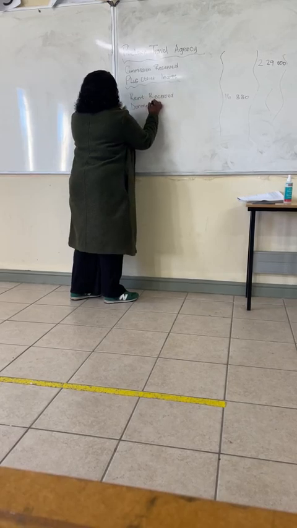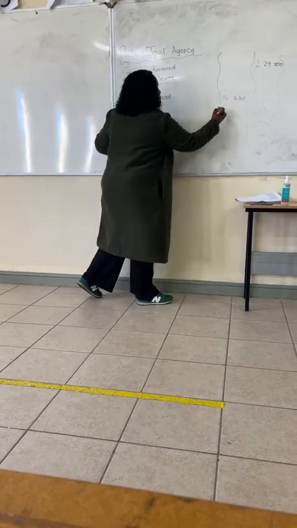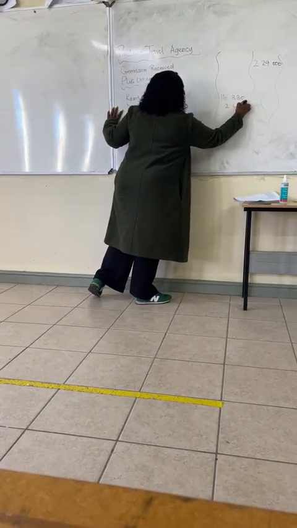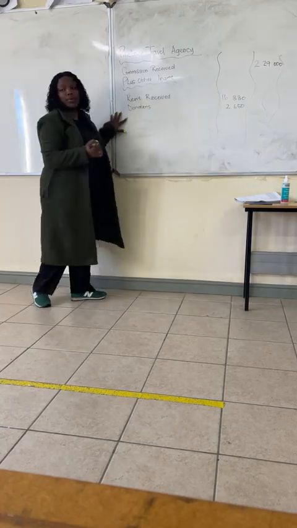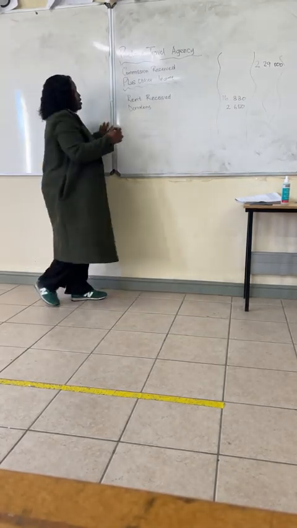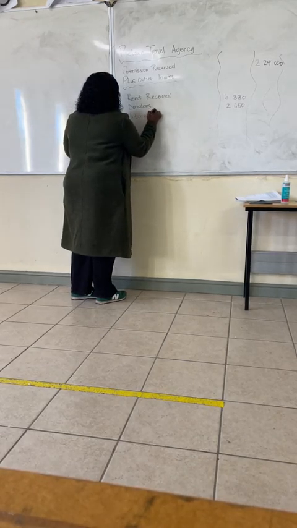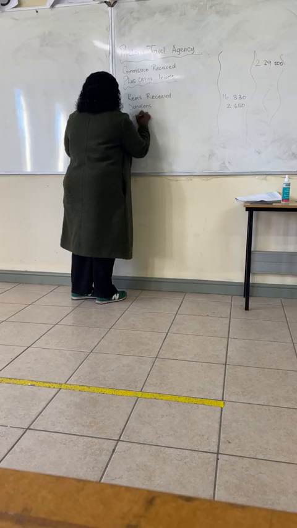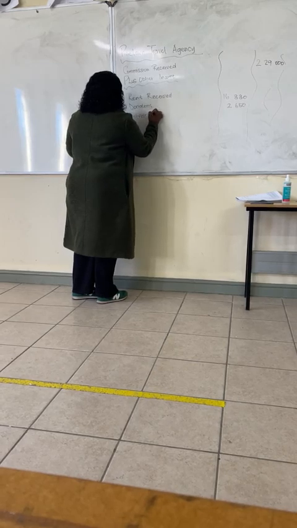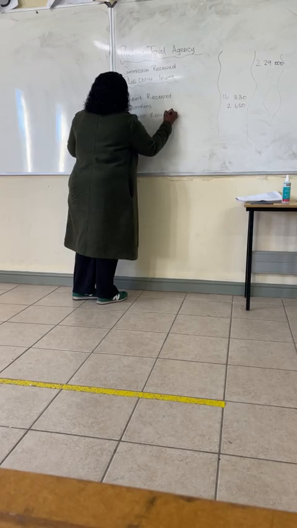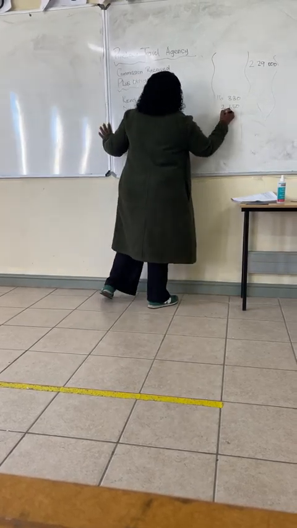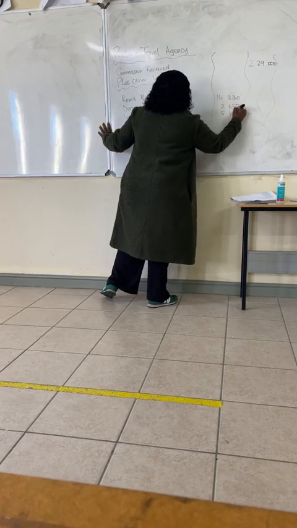How much is the donation? 2,650. Okay. Third one? Interest received. How much is it? 5,600. Next one?